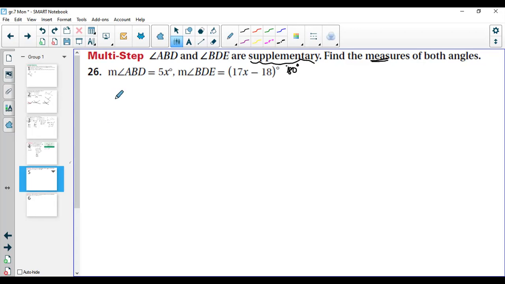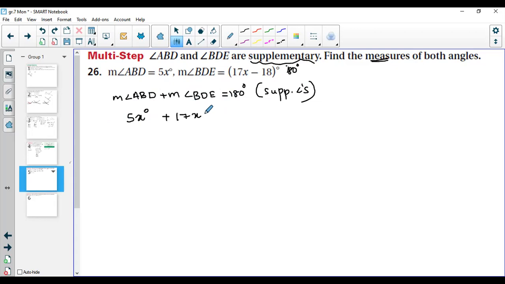Because the measure of angle ABD plus the measure of angle BDE is equal to 180, because they are supplementary angles, which means they should equal 180. So angle ABD is 5x degrees and BDE is 17x minus 18 degrees, which should equal 180 degrees.